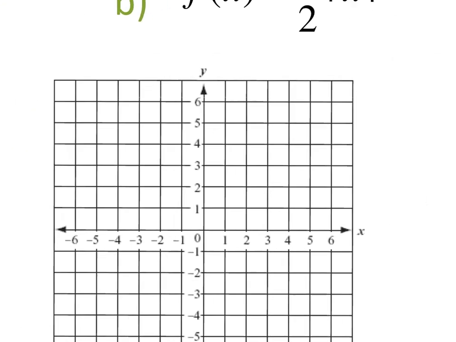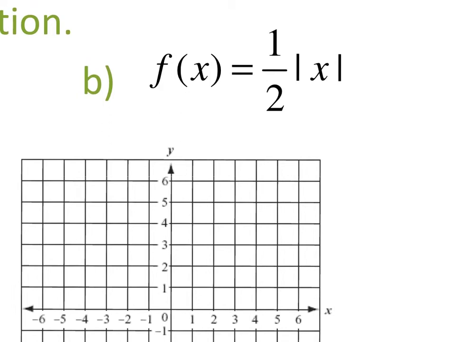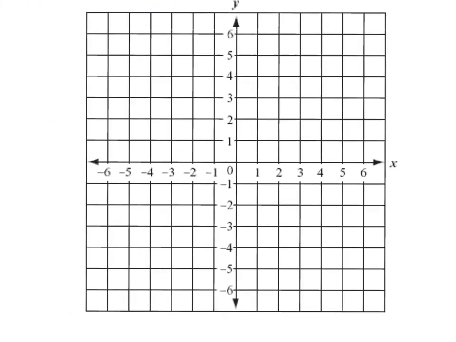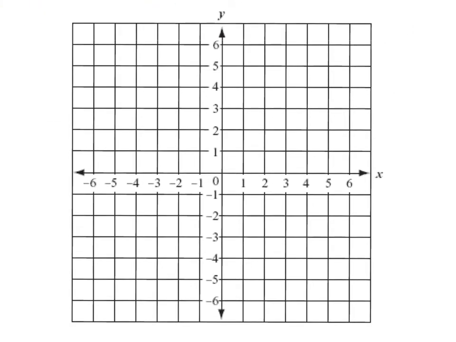My next one, we have the absolute value function as well, but notice that this time C is half, so I'm going to reduce all my y's in half. Let's go ahead and graph our parent. So here's my parent. And now all my y's I'm going to reduce in half. So 0, 0 is going to stay. 1, 1, the y that's at 1 is going to cut down in half.